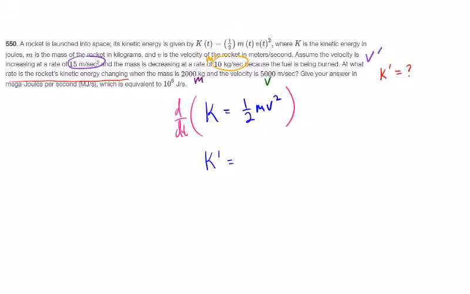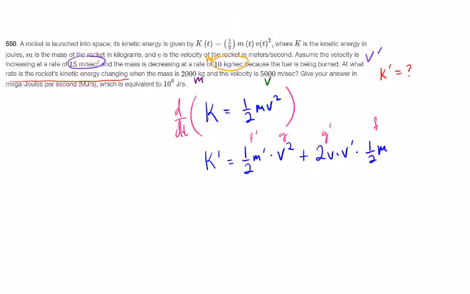The derivative of 1/2 m is 1/2 times m prime, multiplied by regular v squared, plus the derivative of v squared, which is 2v times v prime, times regular f, which is 1/2 m. So this is f prime g, and this is g prime f.